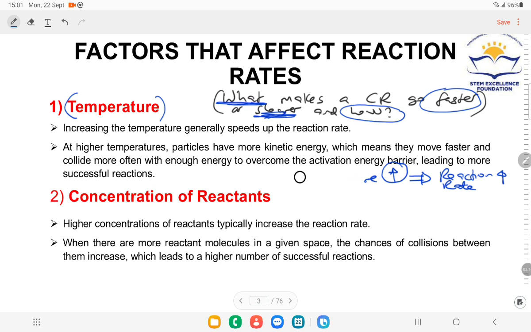Sometimes you see temperature being defined as a measure of the average kinetic energy of particles.